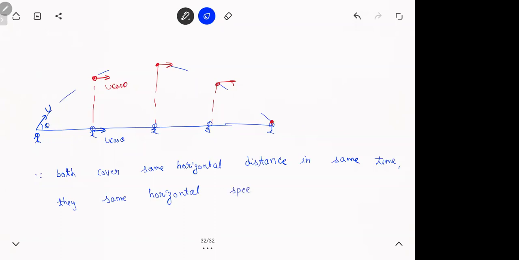You can't comment anything about it. But this much I can say, I'm sure both have the same horizontal speed. You can't say the speed of the ball is equal to the speed of the man because the ball will also have a vertical component. That is simply making you go up and down. So that won't matter. So the same horizontal speed. What is the horizontal speed of the ball? Ux, which is u cos theta. That would give you one step.